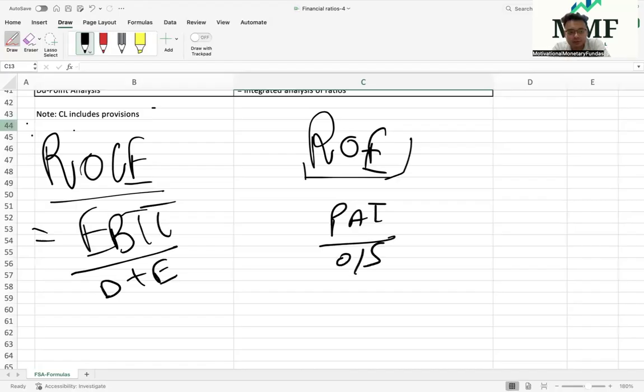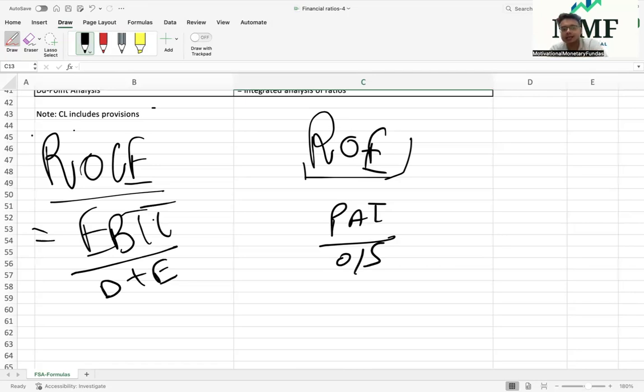Okay? So firstly, we'll try to decode ROCE in a very simple manner. And I'll try to relate this to practical scenarios as well, right? How does a financial analyst try to understand or interpret this ratio in the form of clients or managers or different calls on which he has to explain these companies' dynamics.